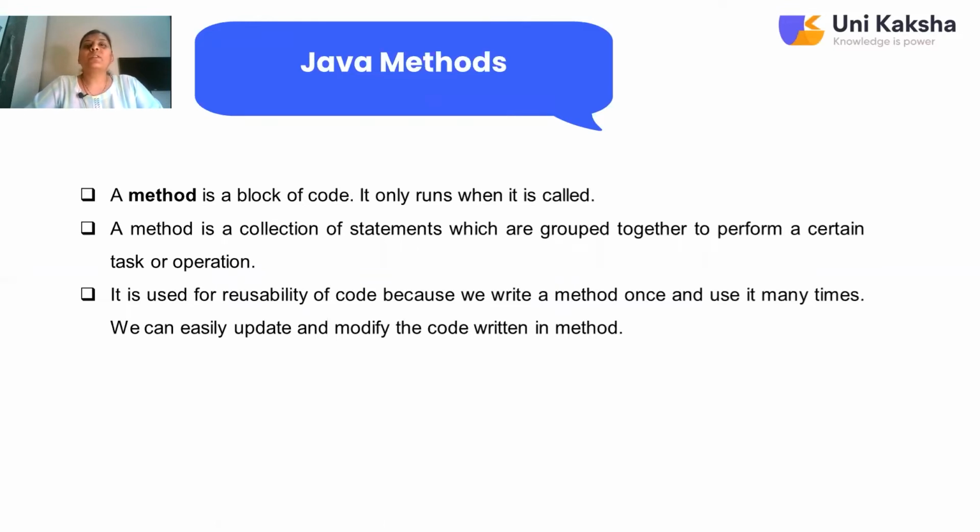Whenever you want to reuse the code again and again, Java methods can be used. For example, once you have written the code in a method, it can be called again and again. So there is no need to write the same method multiple times; you can call the method multiple times once it has been written.